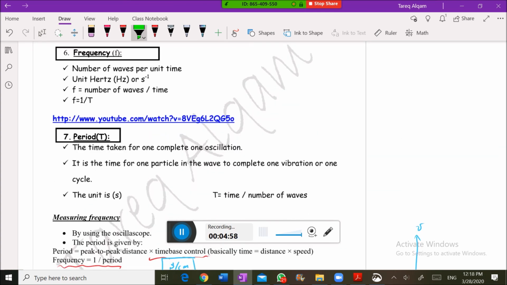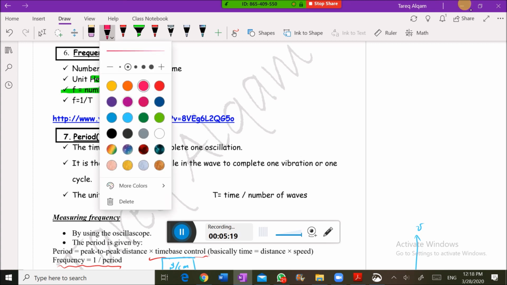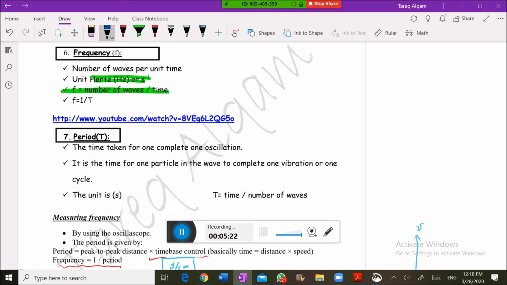Frequency is the number of waves per unit time that pass a fixed point.